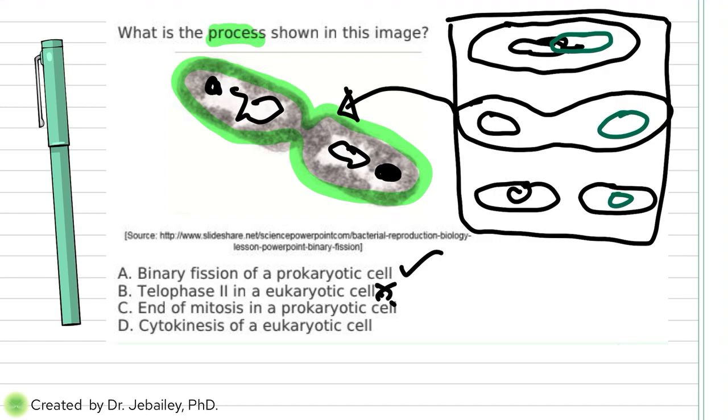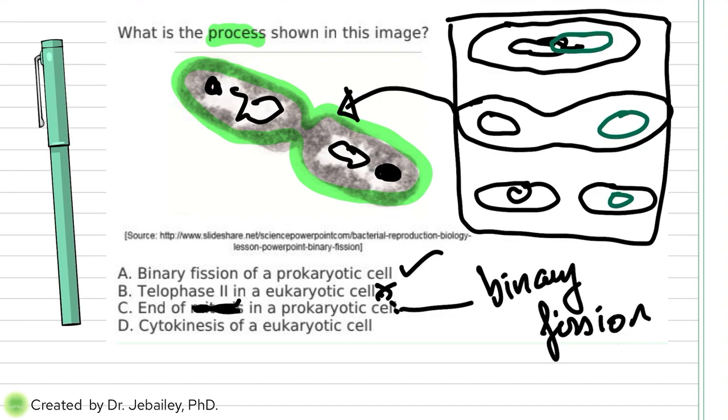The end of mitosis in prokaryotic cells. First, just the word mitosis: you cannot use mitosis for prokaryotic cells. The name is binary fission when it comes to prokaryotic cells. Never use the word mitosis for them. So, not this one. Cytokinesis of eukaryotic cells. That looks like cytokinesis, contracting like a cleavage furrow.